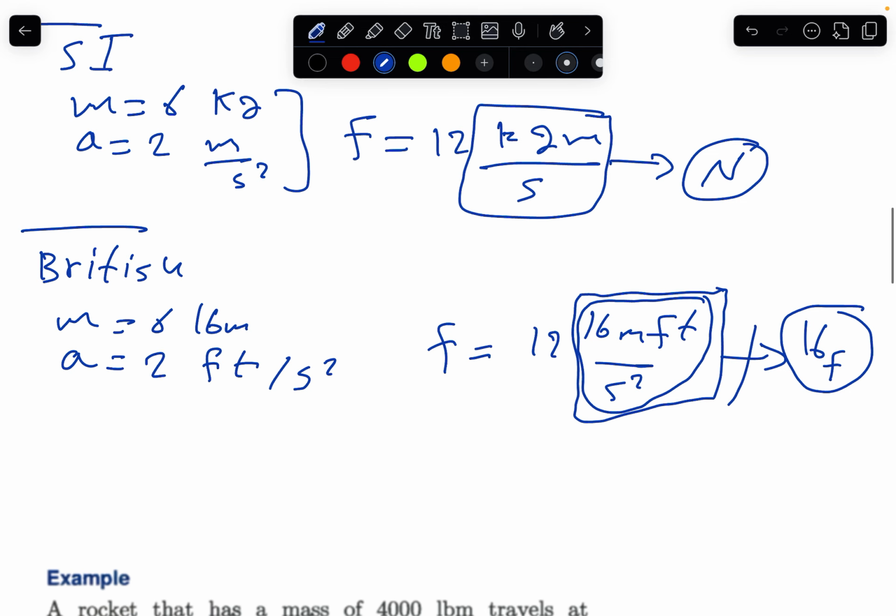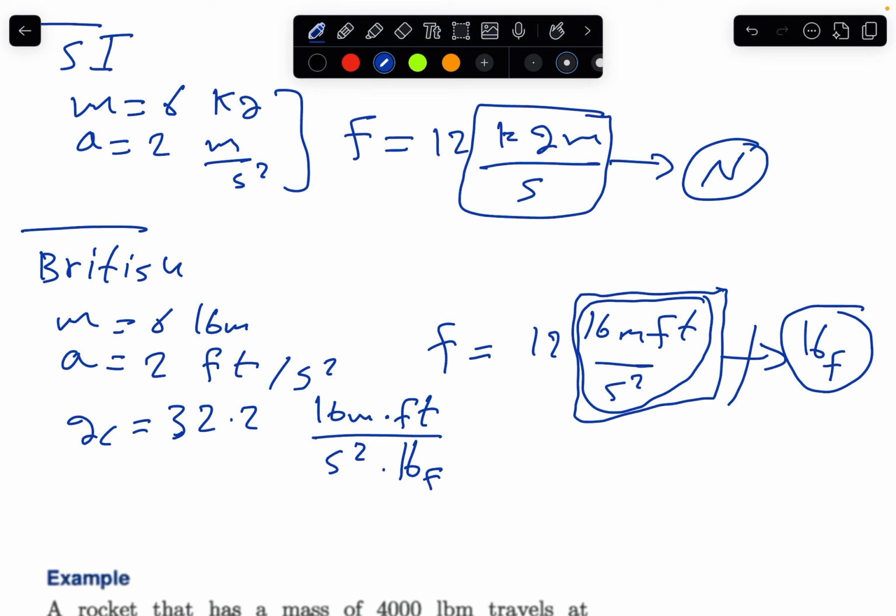So we will have to bring a conversion factor. We will bring something called gc, which is 32.2, and the unit of that is pound-mass foot divided by second squared pound force.